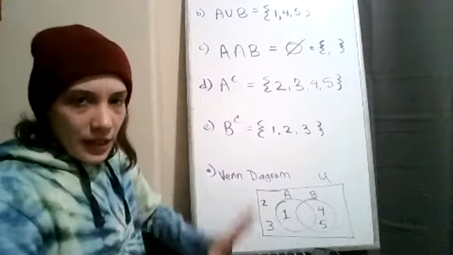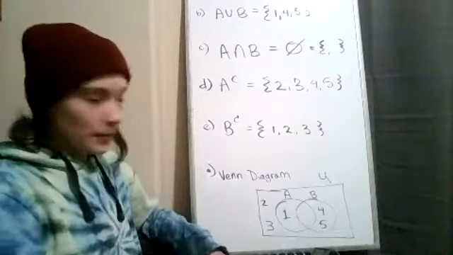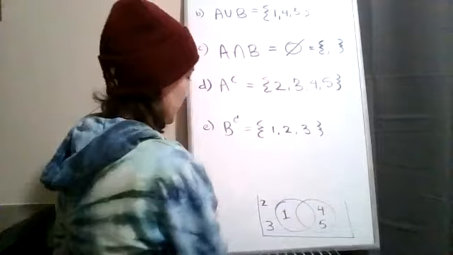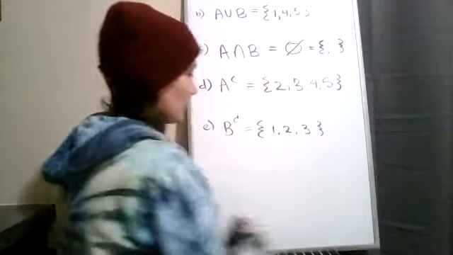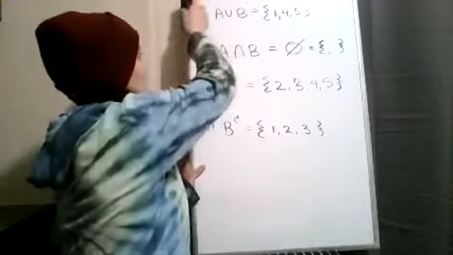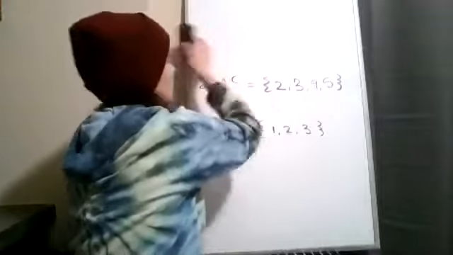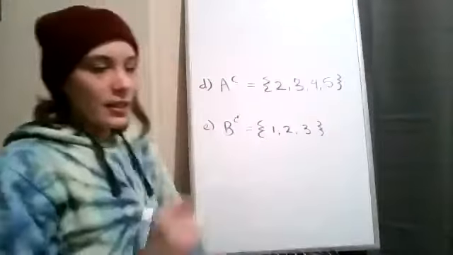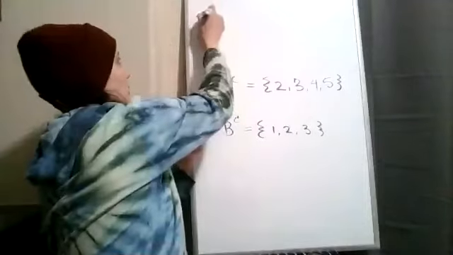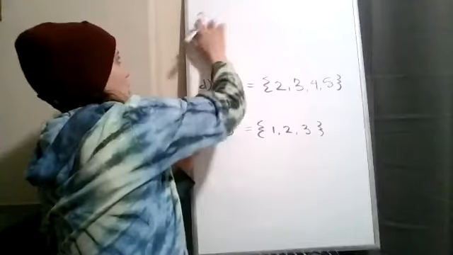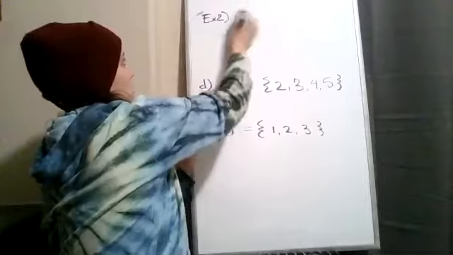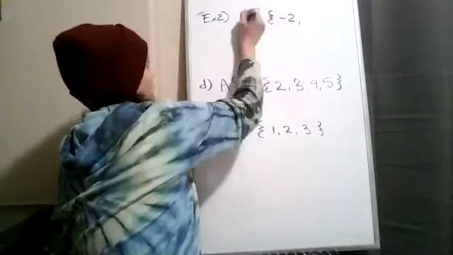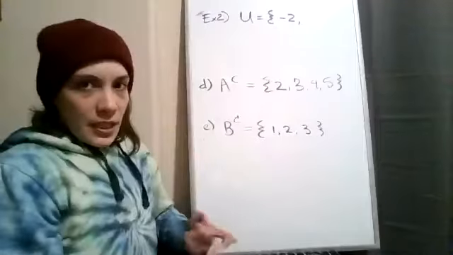Okay, so let's start again. Example number 2. I have a universe that contains -2. U equals the set -2, 0, 1, and 2.